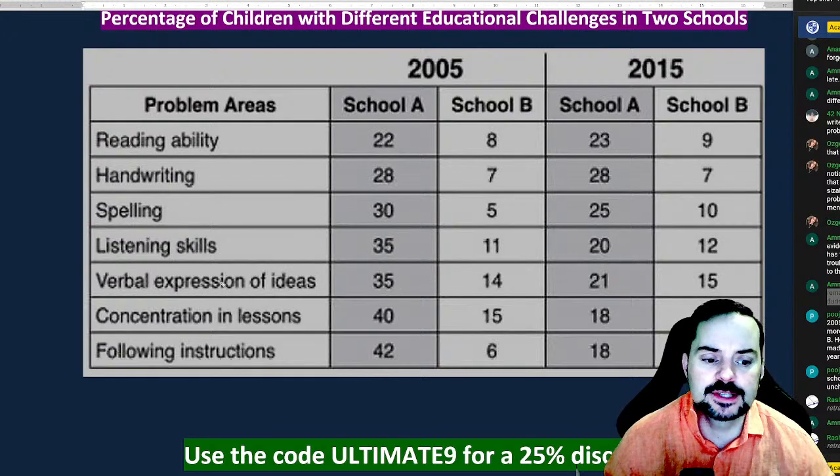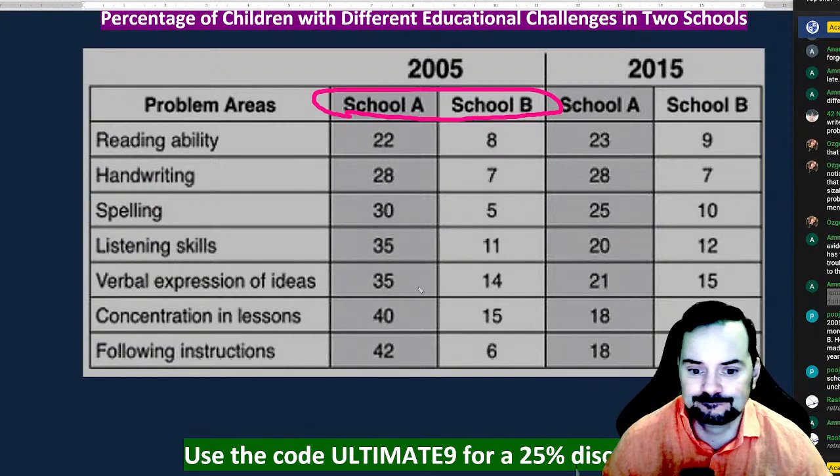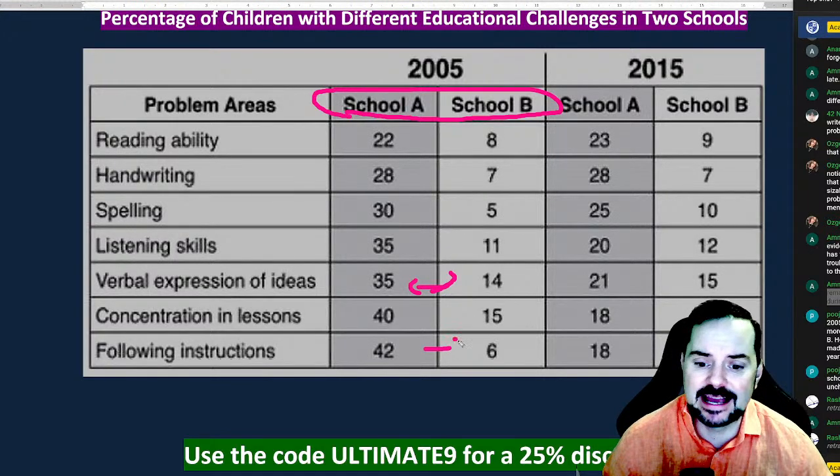Well, we can see that the difference between school A and school B is anywhere from a factor of over 2 to as much as a factor of 7, right?